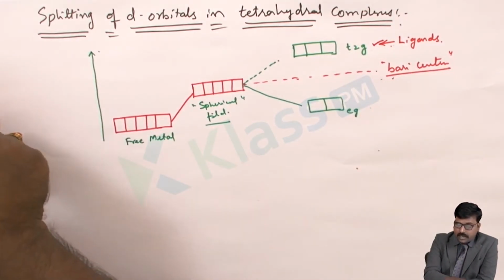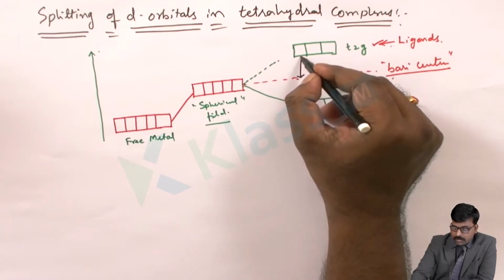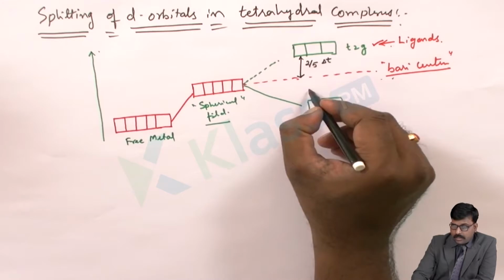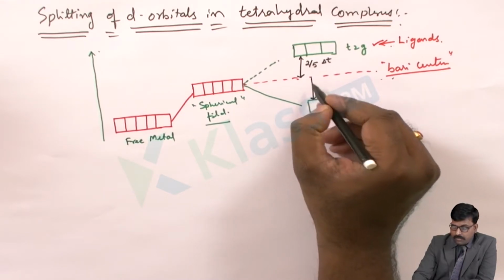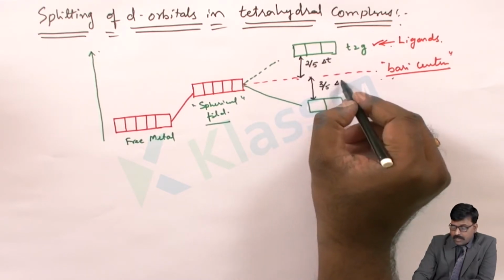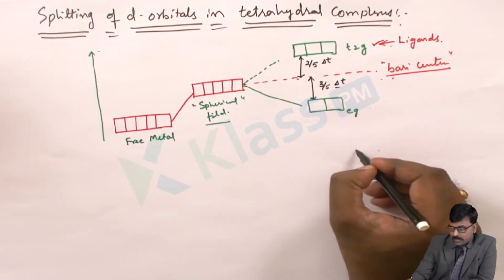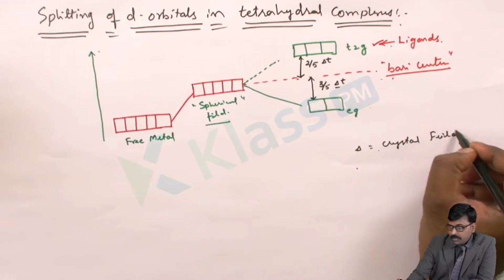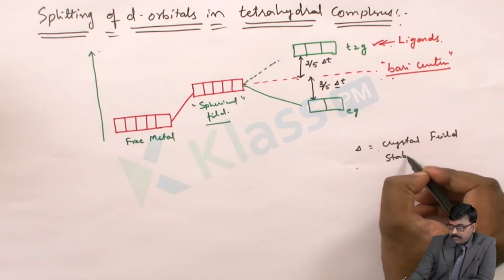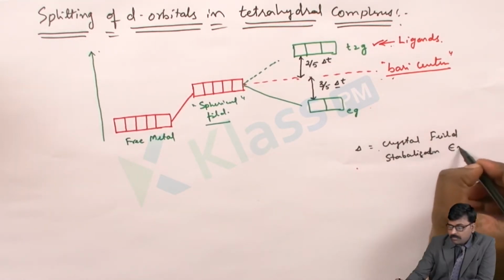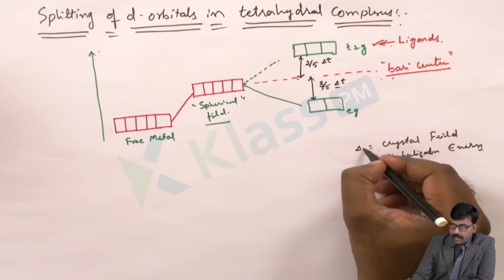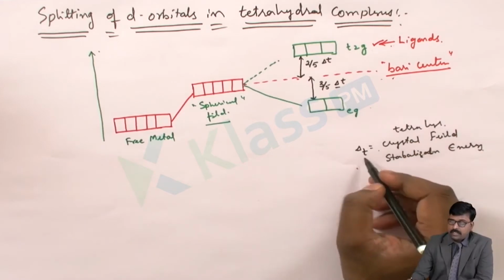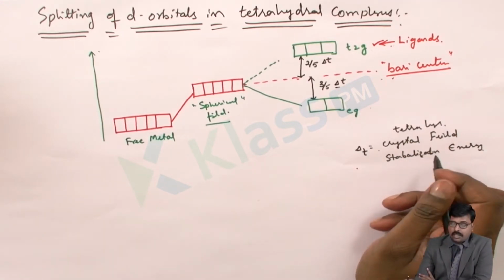And it is said that it is 2 by 5 of delta, it is 3 by 5 of delta. Delta is the crystal field stabilization energy. For the tetrahedral complex, it is delta T, meaning tetrahedral crystal field stabilization energy.